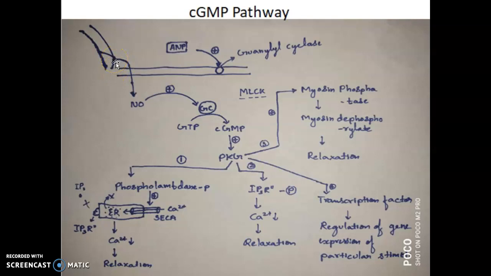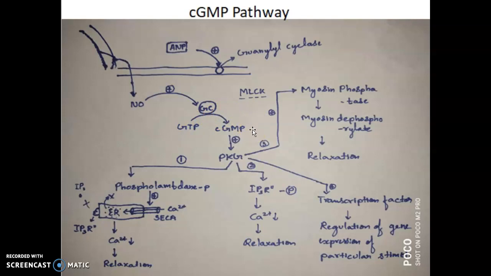This nitric oxide released diffuses into the cell of the skeletal muscle. This nitric oxide then activates guanylyl cyclase. This activated guanylyl cyclase further converts GTP into cyclic GMP.